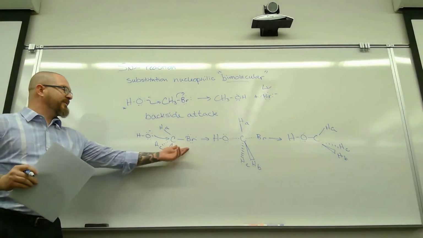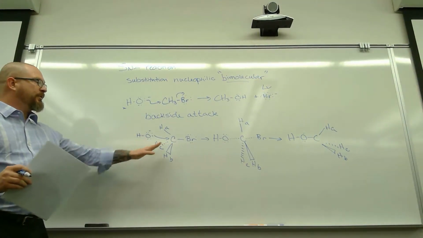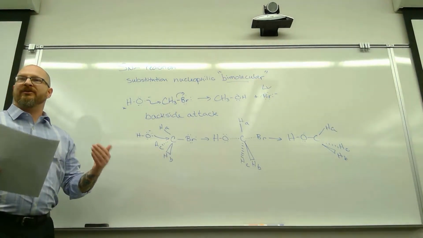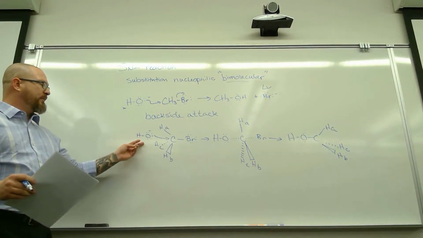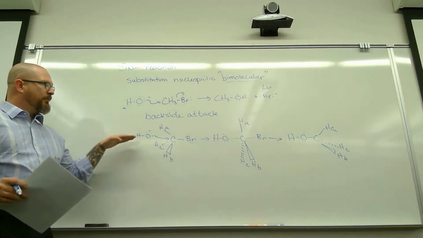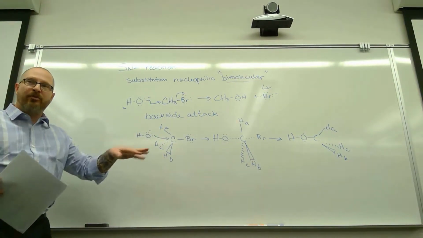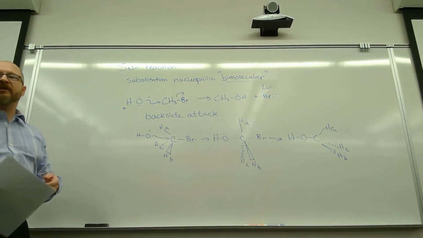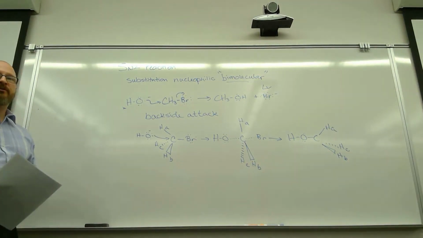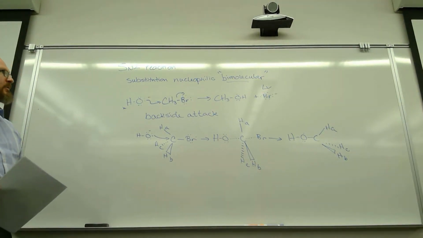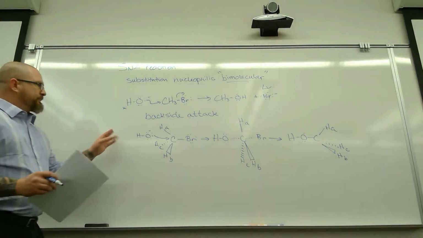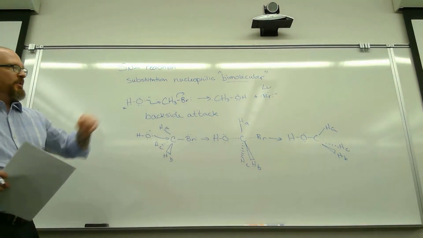If we have twice as much of this available, this will encounter it with the correct geometry twice as often. If we have twice as much of this available, it will encounter this carbon with the right approach twice as often. So that's why both of these concentrations impact our reaction rate. Now we have an explanation as to why it's bimolecular.